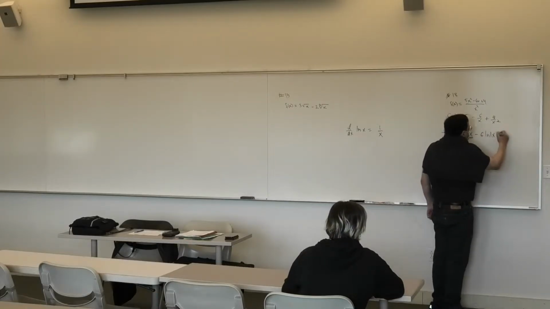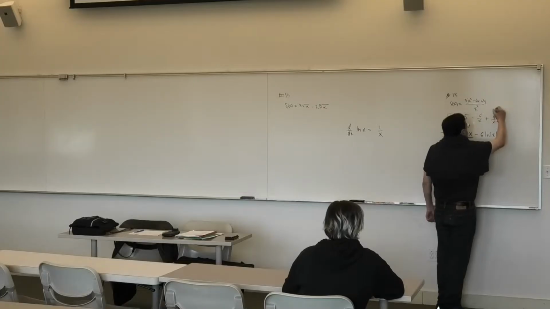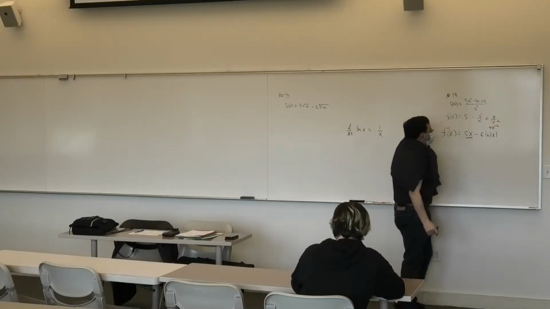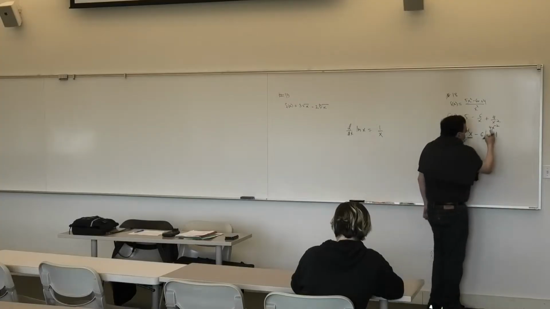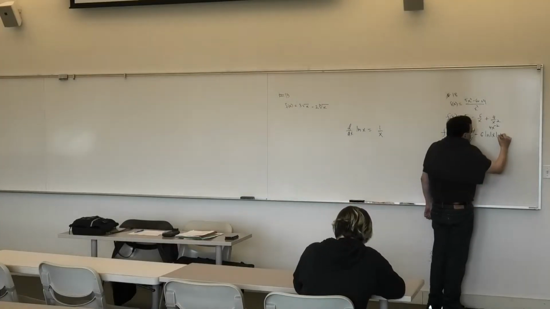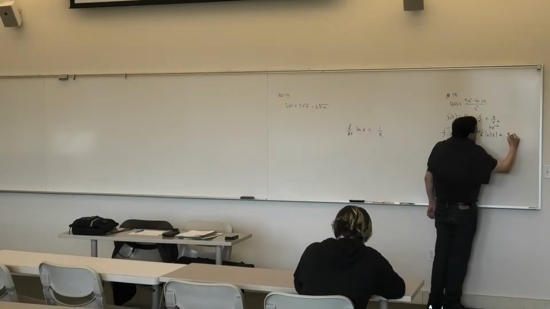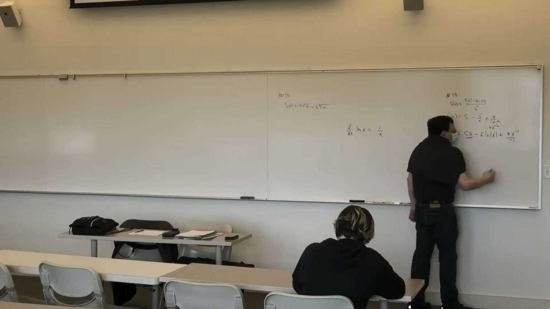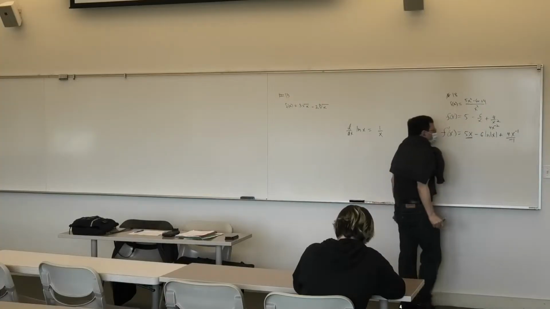And here, I'm going to rewrite this once more as 4x to the minus 2. Again, you can use the reverse power rule. So this is going to be 4x to the minus 1 over minus 1, or minus 4x to the minus 1.